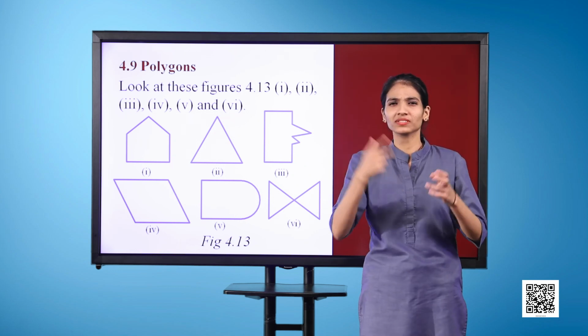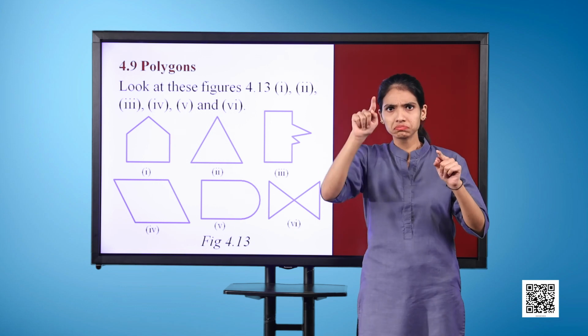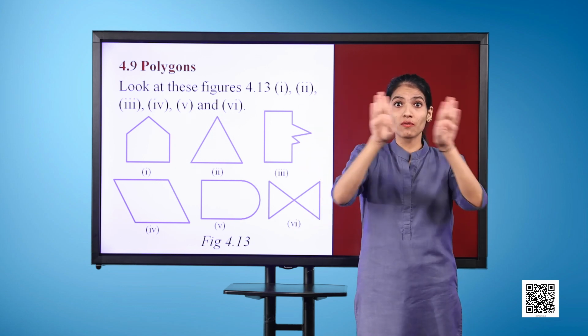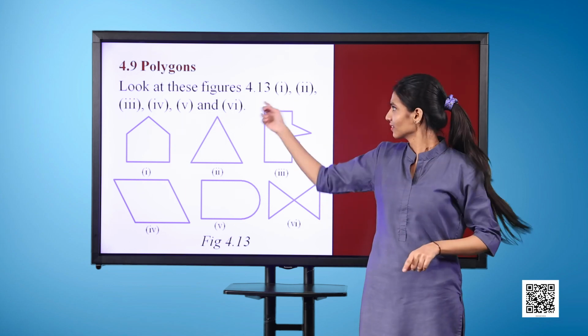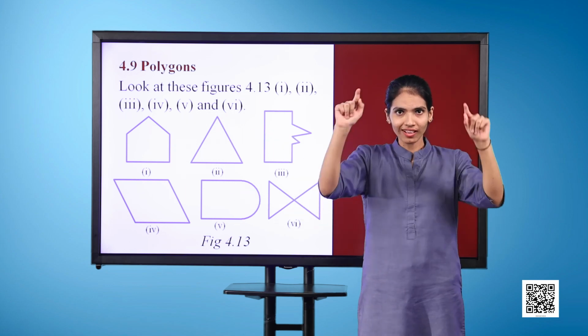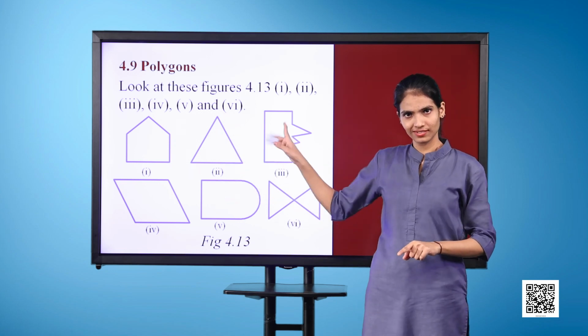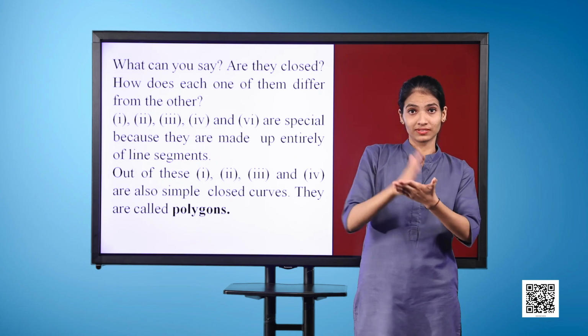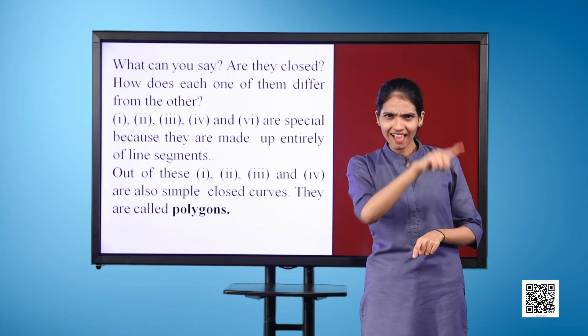4.9. Polygons. Look at these figures 4.13. One, two, three, 4, 5, and 6. Page 77. What can you say? Are they closed?